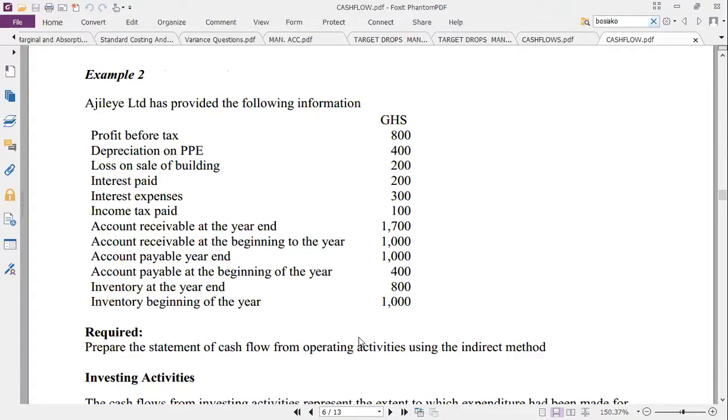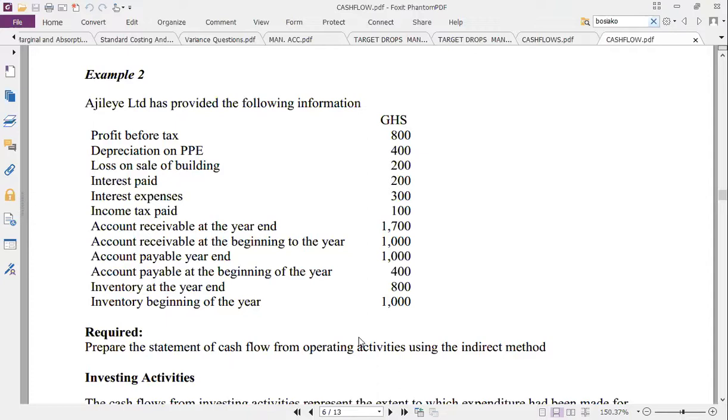And then the requirement says, prepare the statement of cash flow from operating activity using the indirect method. So let's see.